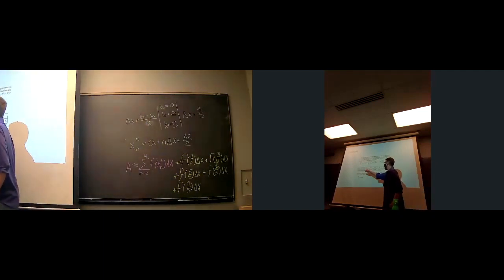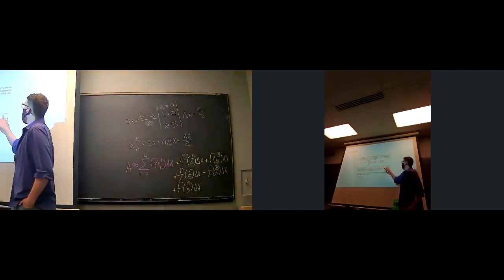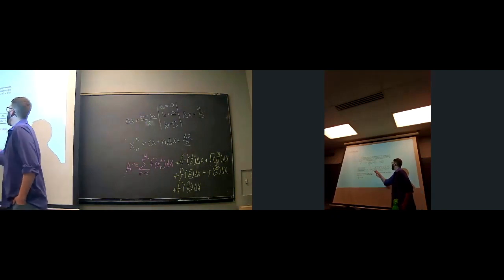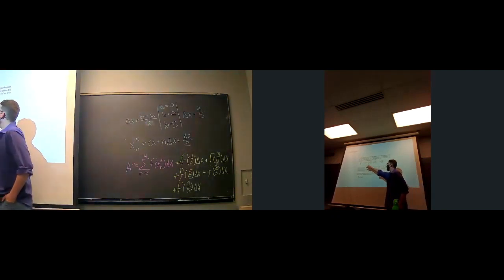As another example, that same problem, negative x squared plus 5 from 0 to 2. As we increase the number of intervals, our approximation gets closer and closer to the real number.